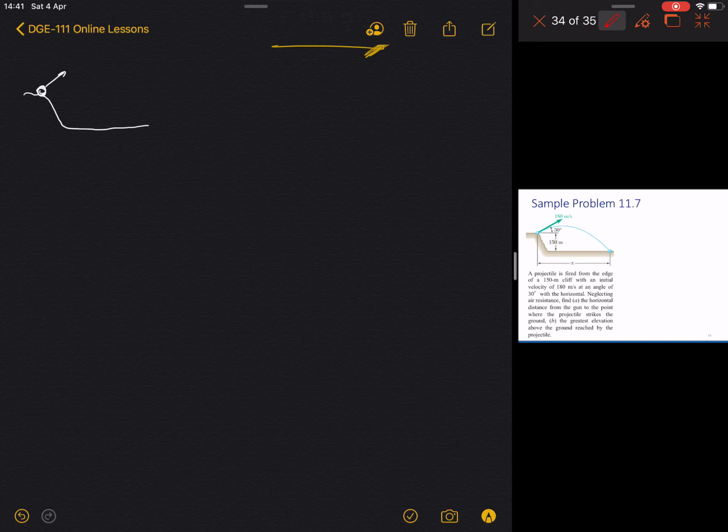We have this 180 meters per second and we say this is 30 degrees, and then the ball is falling down, of course, by gravitational force, maybe not really straight, but anyway the height here is 150 meters.